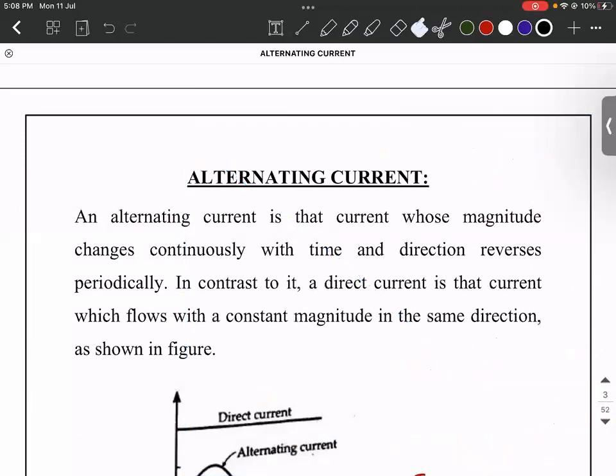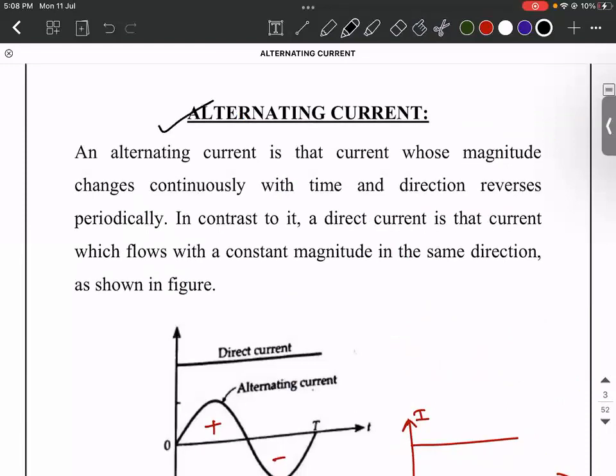If you see, the name of this chapter is alternating current. So what does an alternating current basically mean? It is that current whose magnitude and direction change with respect to time. Please make a note of it.